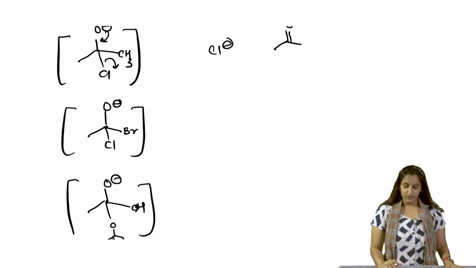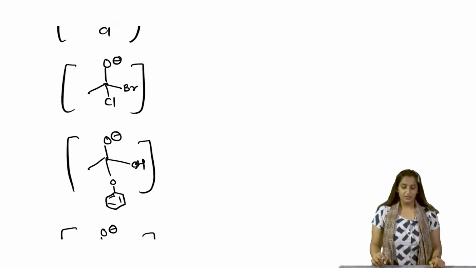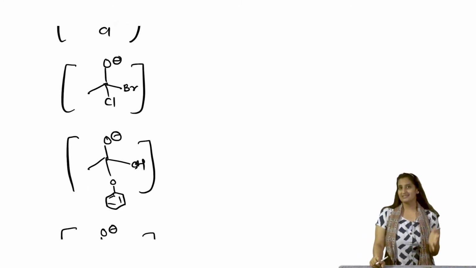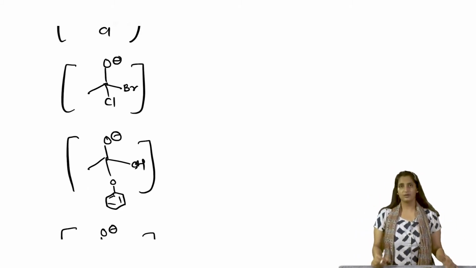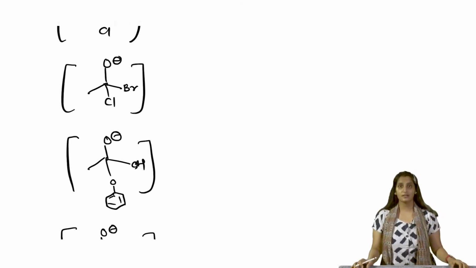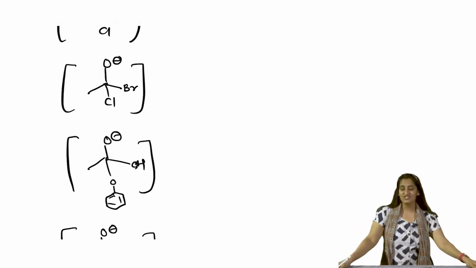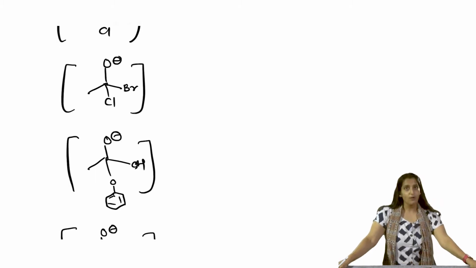Okay. Now, the next one is a little tricky, you have bromine and chlorine as leaving groups. Between bromine and chlorine, bromine is a better leaving group than chlorine, because bromine is going to leave as Br minus. Br minus is more stable than chloride because bromides have a bigger size, they can stabilize the charge. Although under reaction conditions, both of them are going to pretty much behave very similarly.